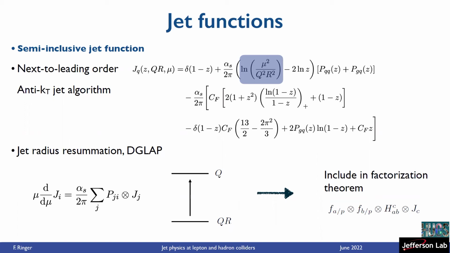There will be a scale separation between the two functions. Here it's a scale separation in terms of the hard scale and the hard scale times R. Then we solve the evolution equation, and that will effectively resum it, right? So we do a factorization, and then that allows us to do a resummation. So it's very similar to what you do for hadron production or for PDFs, except that here now we're talking about a jet.